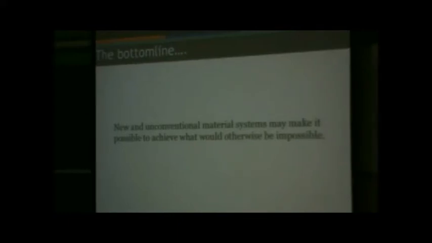So basically, this is the end of my technical part of the talk. The main point I wanted to get across is that, using these unconventional materials, we have shown 3 examples where we have been able to achieve things that are otherwise difficult to get with conventional materials.